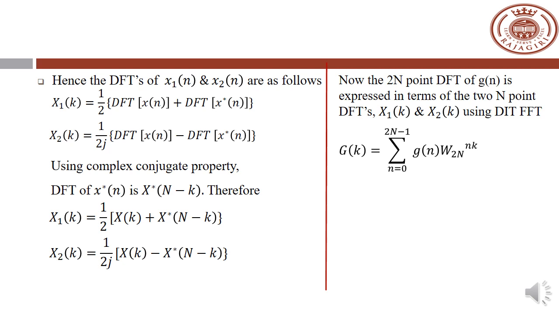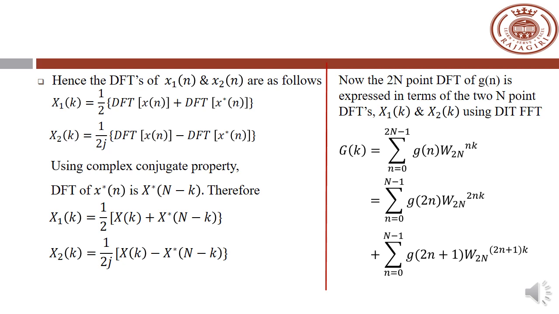Now, we are going to split g of n into even numbered samples and odd numbered samples, each of which will have n points. Hence, the equation can be rewritten as summation n is equal to 0 to n minus 1 g of 2n w2n raised to 2nk plus summation n is equal to 0 to n minus 1 g of 2n plus 1 w2n raised to 2n plus 1 into k.